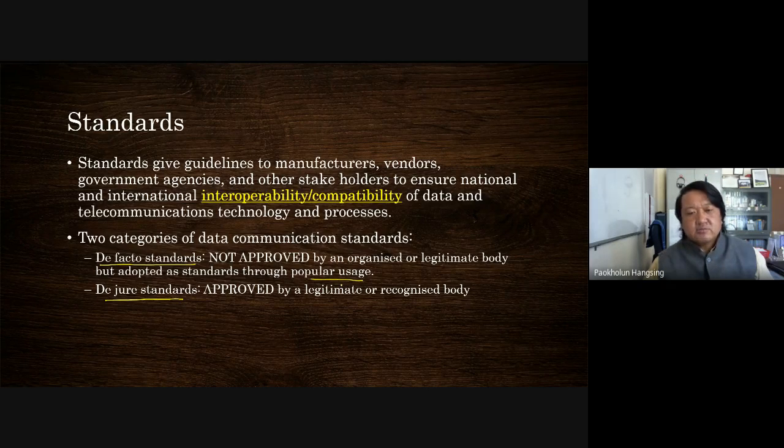Sometimes it becomes so popular. For example, your mobile phone will look like this. It has become a standard. No country has given a rule or a law that mobile phones should look like this, but still mobile manufacturers are using this kind of structure. Why is it not curved? Maybe we can have something like this, but due to popular usage, people prefer this.